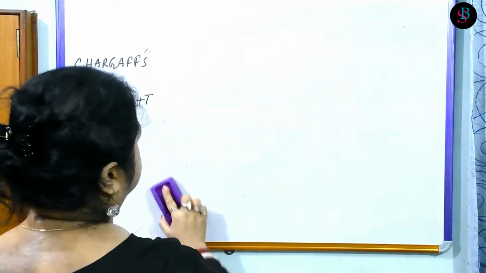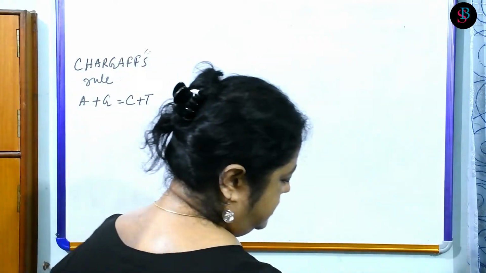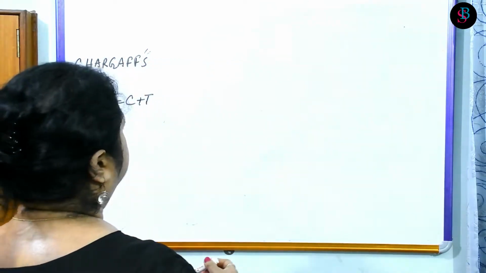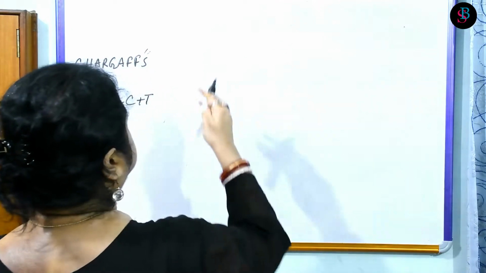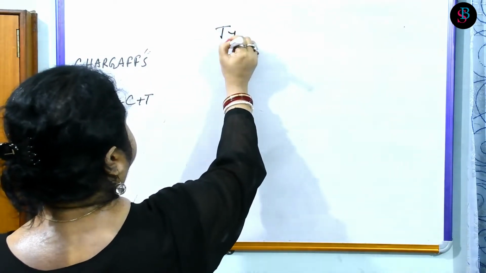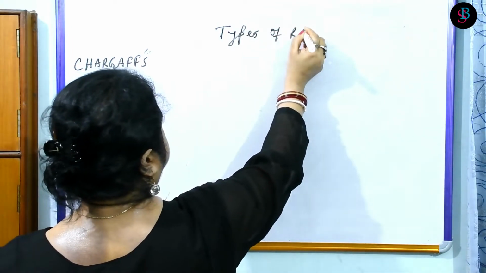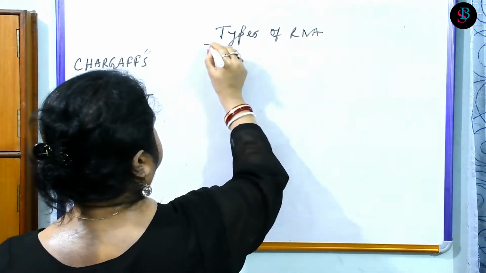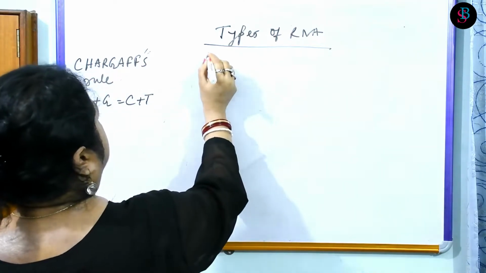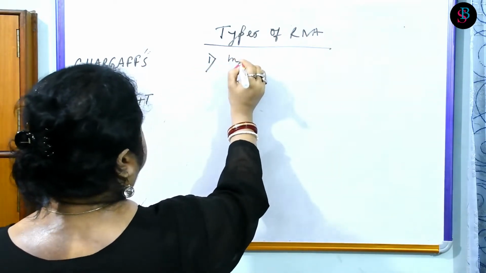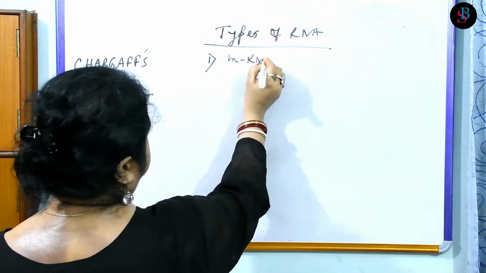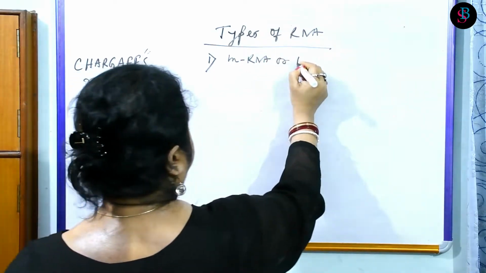There are three types of RNAs. Types of RNA, that is the RNA world. Number one, mRNA or messenger RNA.